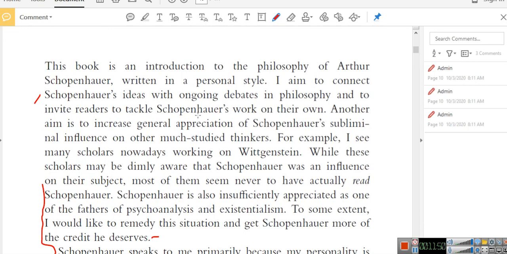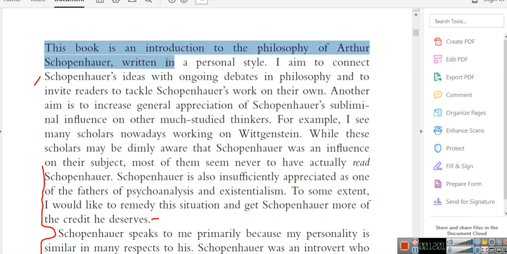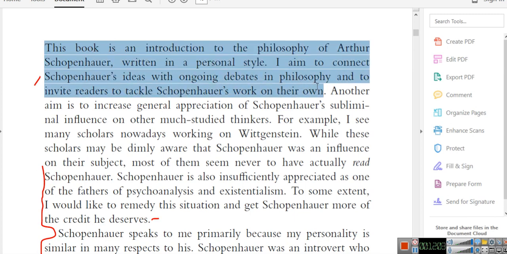Now notice how each paragraph is a group of sentences. For example, here we have a sentence. It ends with the full stop. It says, "This book is an introduction to the philosophy of Arthur Schopenhauer, written in a personal style."